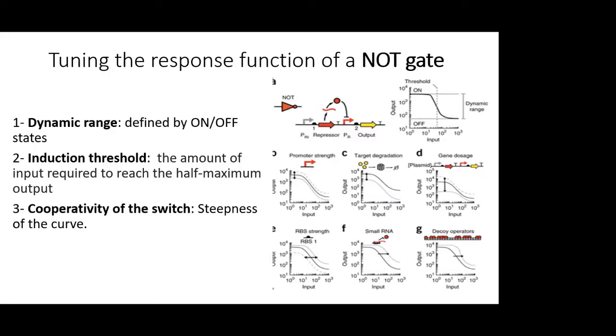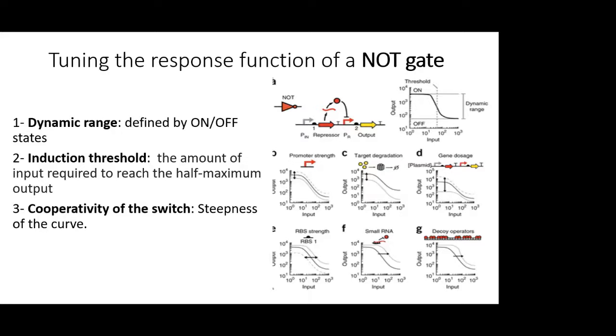The shape of this response function is described by the dynamic range, defined by the on and off states, and the induction threshold. The dynamic range, by the way, is the range of output that you can get from your NOT gate. In our case, we have on and off states. And the induction threshold is simply the amount of input required to reach half maximal output.